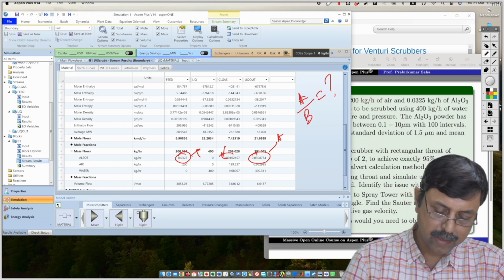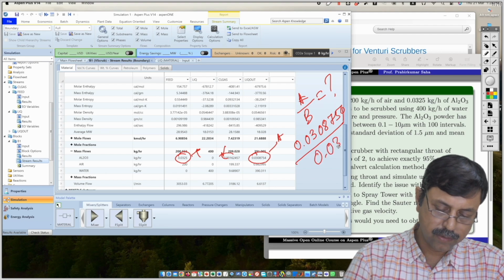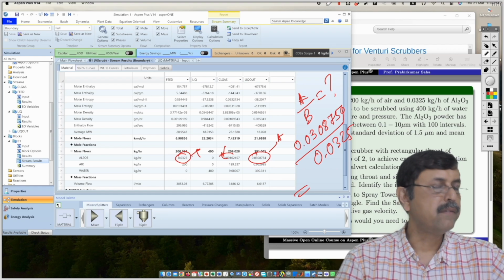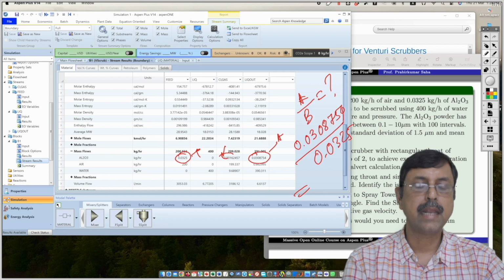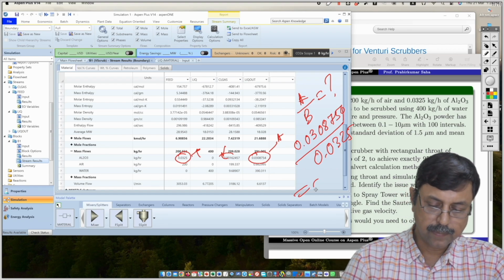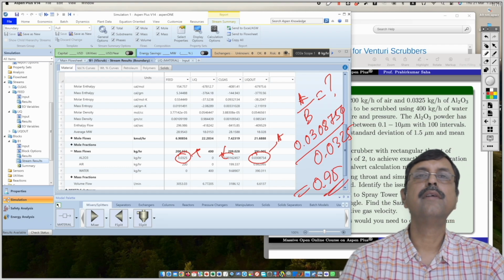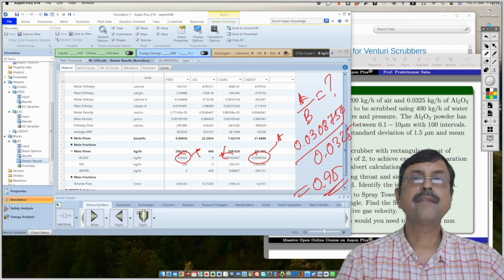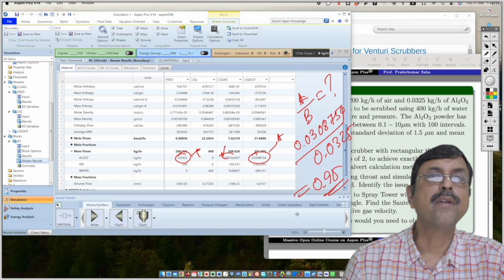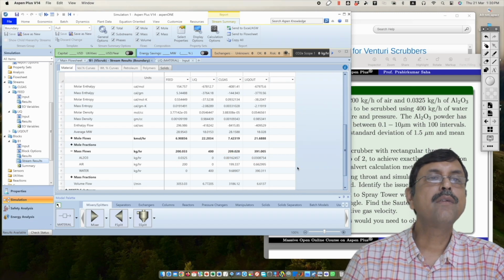This ratio is 0.030875 by the inlet, 0.0325, and it is expected to be 0.95. Let us perform a simple calculation. Yes, it is 0.95. Okay, so that is the separation efficiency we are looking for. So it has done the calculation and it has given.